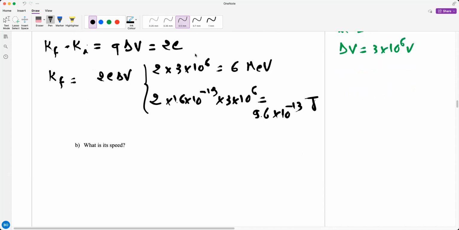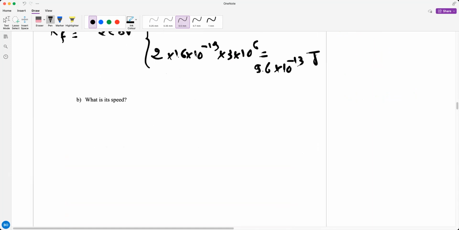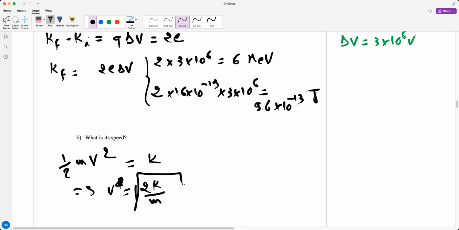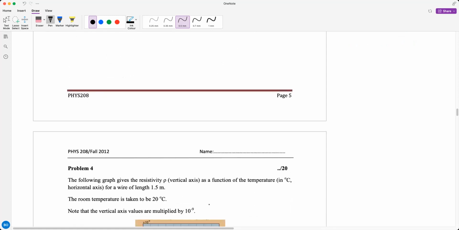So what is its speed? It's a very easy question, because now we have found the kinetic energy, so we can easily find the square root of 2k over m. Obviously here you have to use the kinetic energy in joules, not in electron volts. You have to use the SI unit.